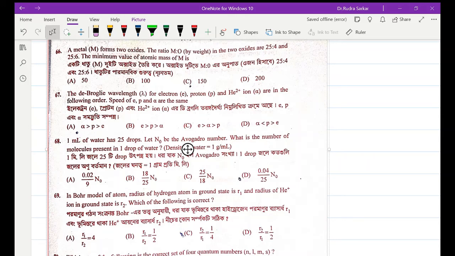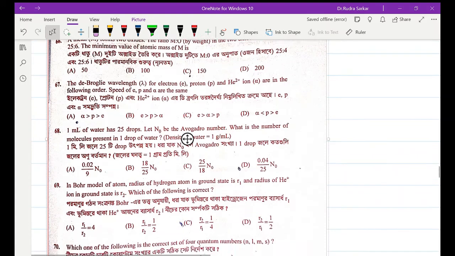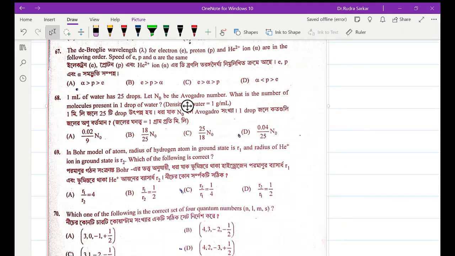Okay, question number 67. We have been given the de Broglie wavelength of electron, proton, and helium 2 plus ion, that is alpha particle, are in the following order. Speed of E, P, and alpha are the same. So speed is the same.